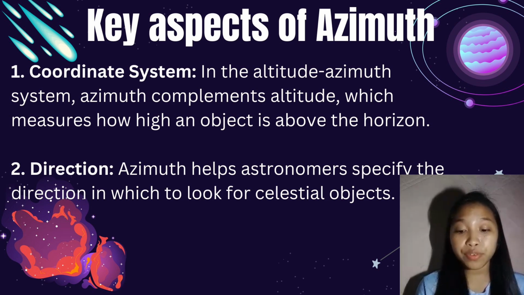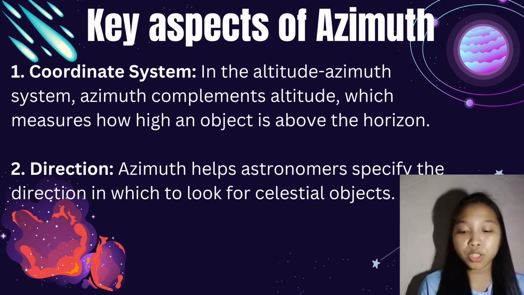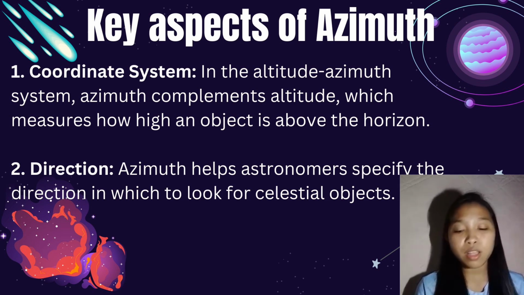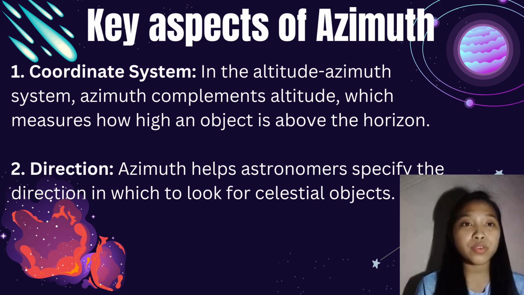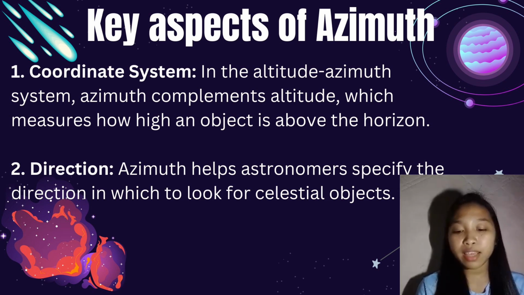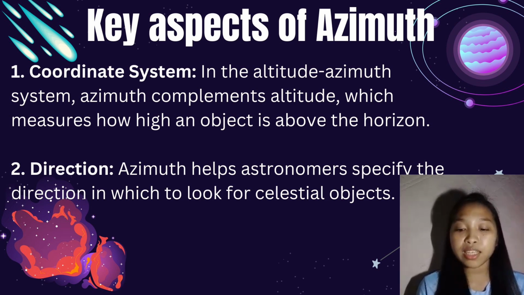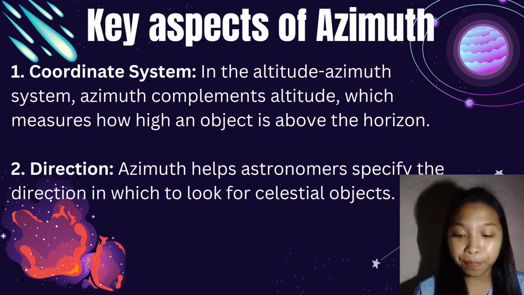Azimuth specifically refers to the horizontal angle, like we said before, measured clockwise from true north, with values ranging from 0 degrees to 360 degrees. So there are five key aspects of azimuth in astronomy. First is the coordinate system.